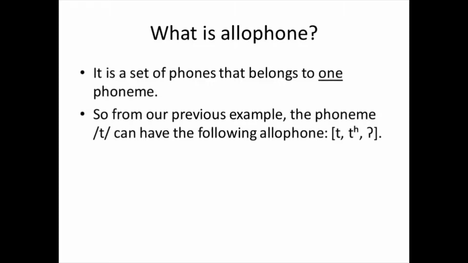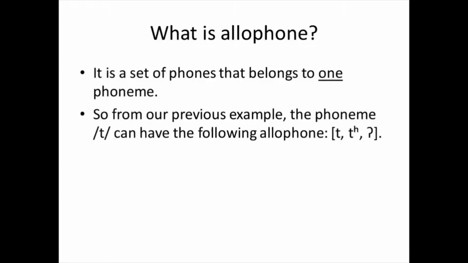Can you tell us why? Thank you. So as I said earlier on, those in square brackets are the actual physical realizations of the phoneme. So that is why they are in square brackets. Thank you. So we move on now.